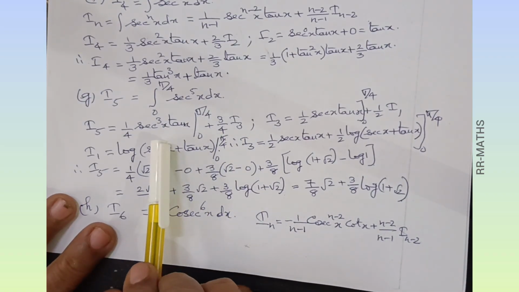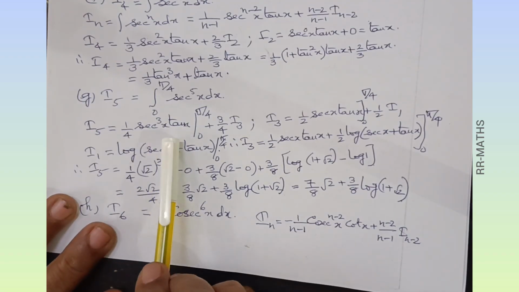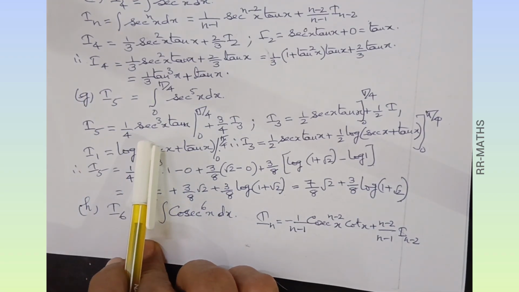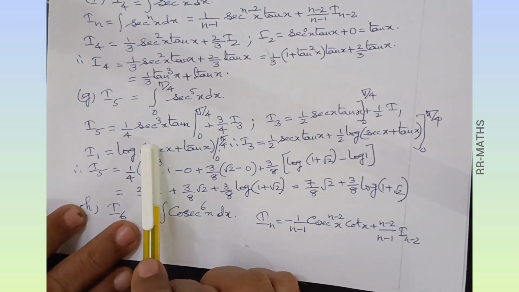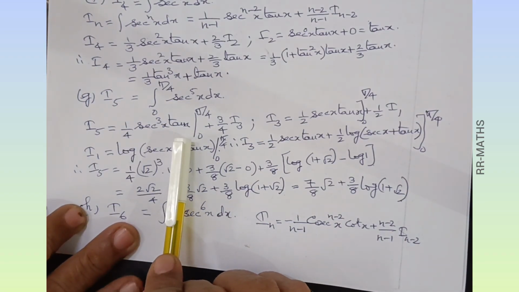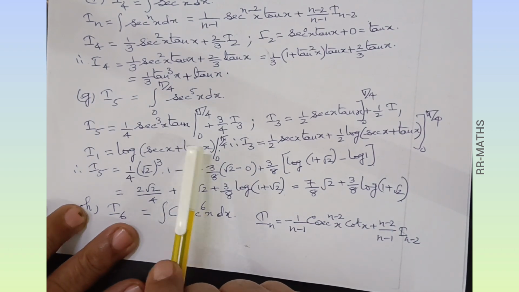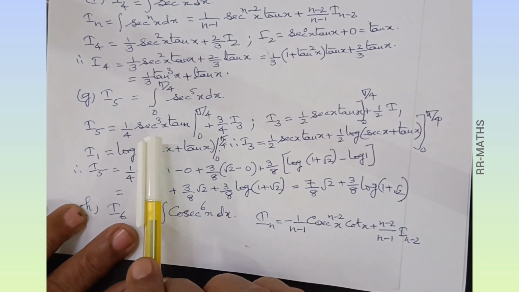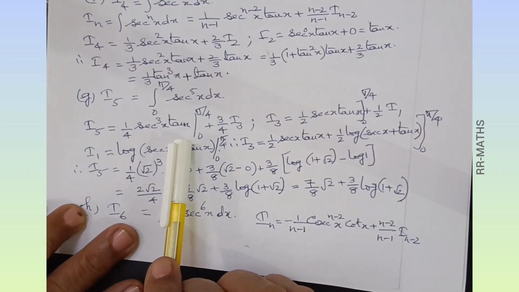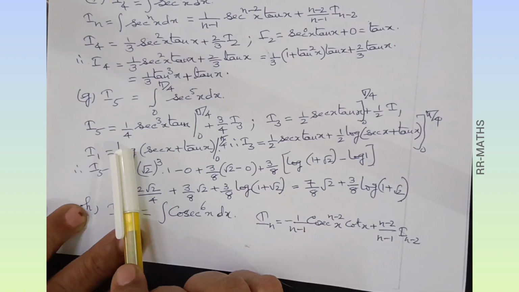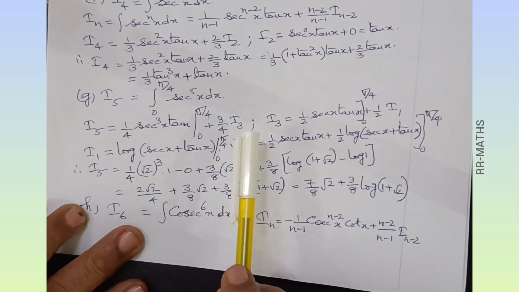Now when you substitute pi by 4, secant pi by 4, that means secant 45 is going to be root 2. And root 2 whole cube will come, and tan 45 is going to be 1. And for the lower limit, tan 0 is 0, so the lower limit will not exist. So the upper limit here will be root 2 whole cube into 1. So that is 2 root 2 into 1 divided by 4.